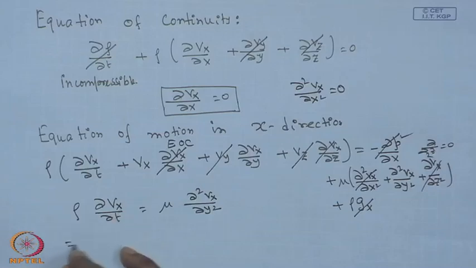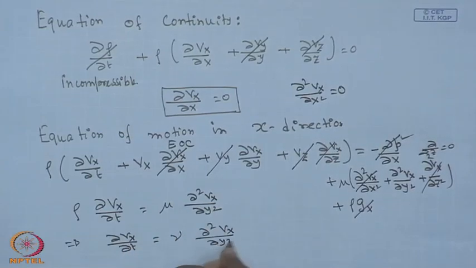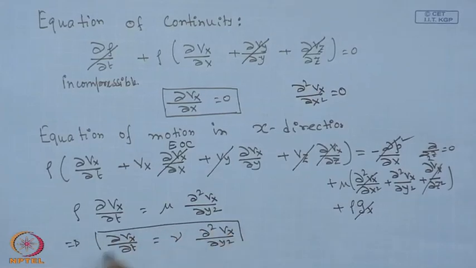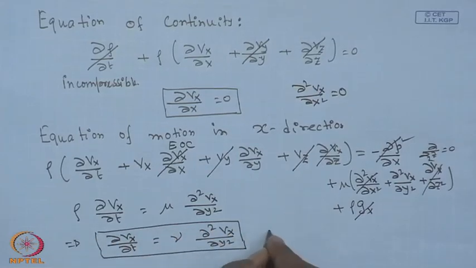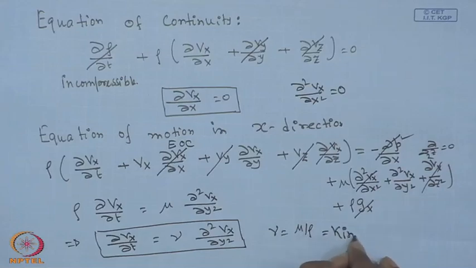Okay. So, now del v x del t is mu by rho, that is nu, times del square v x del y square. So, this becomes the governing equation. Nu is nothing but mu by rho. This is known as kinematic viscosity.